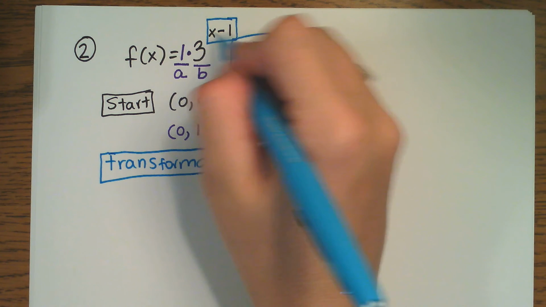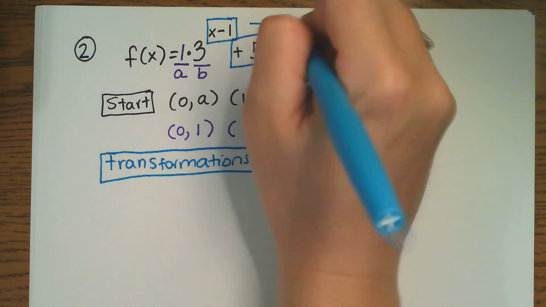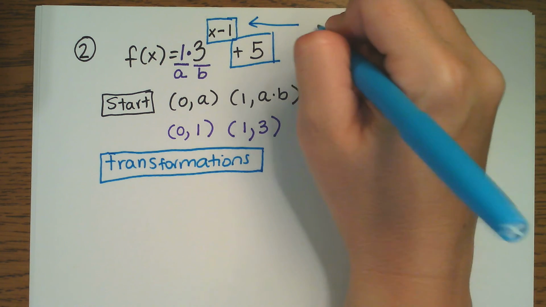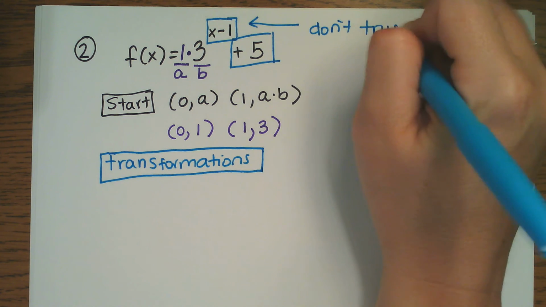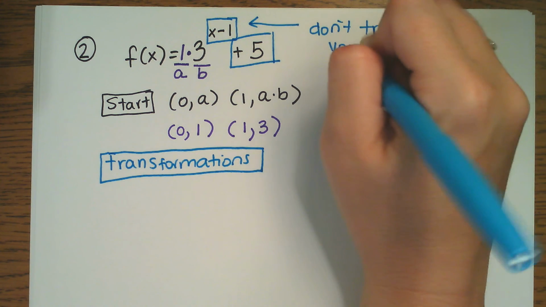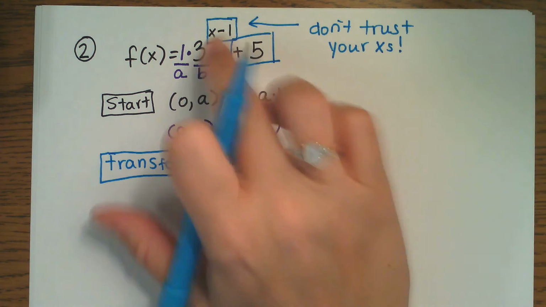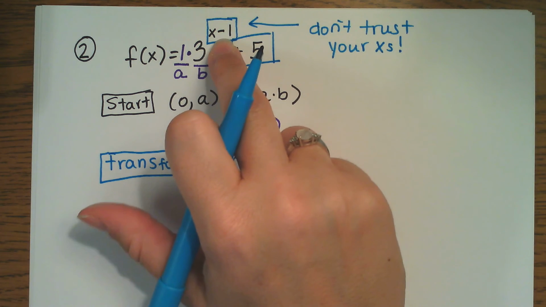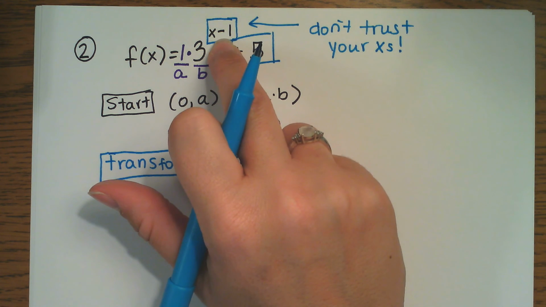So anything attached to x is going to move along the x-axis, either left or right. And remember, you don't trust your x's. So although that's a -1, which you would think would go left 1, it's actually incorrect.